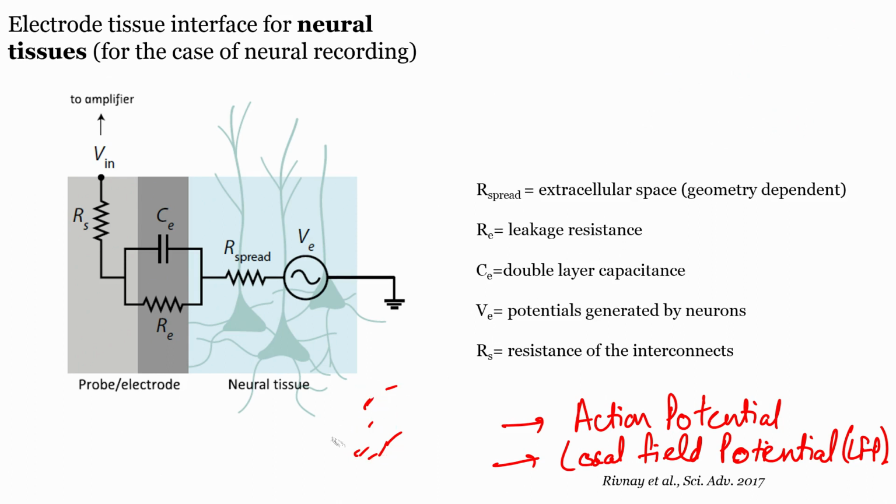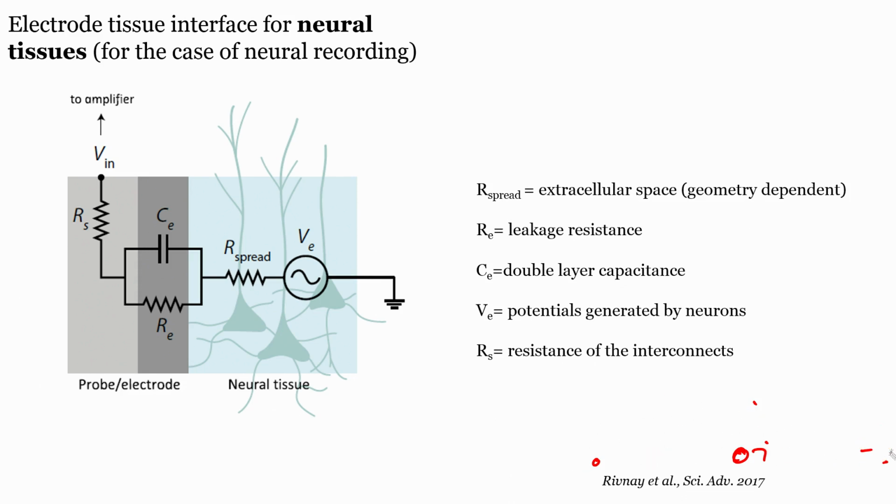It is different in two ways. One, here we are talking about in vivo. In vivo means we are taking the device or the sensor and we are placing it inside the body, in this case inside the brain.